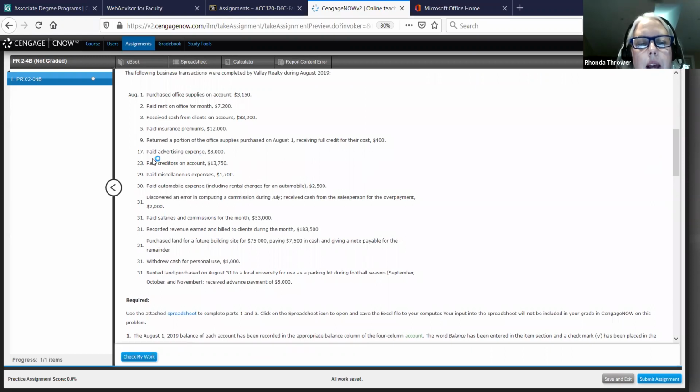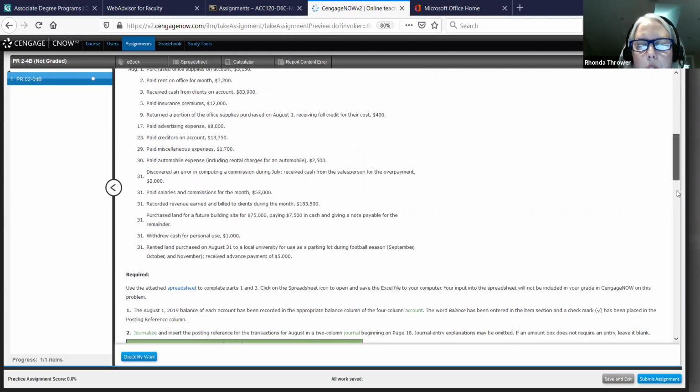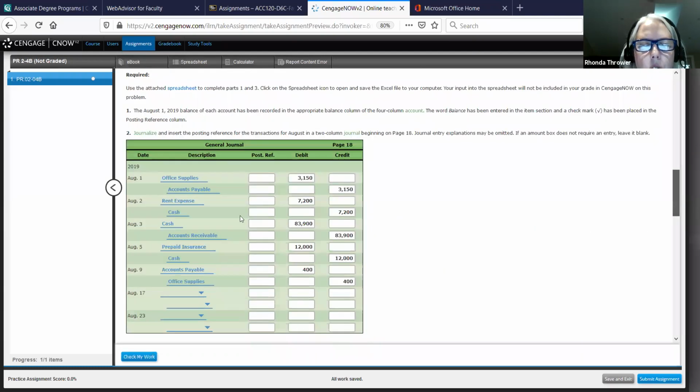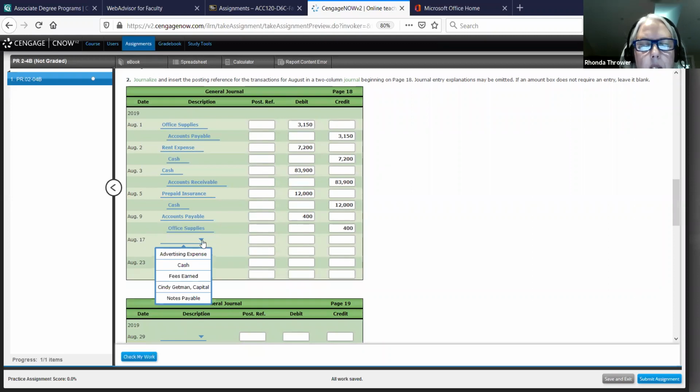On this transaction, they paid advertising expense of $8,000. We have, in effect, bought advertising. Advertising is an expense, so we're going to record the debit to the advertising expense in our journal first.